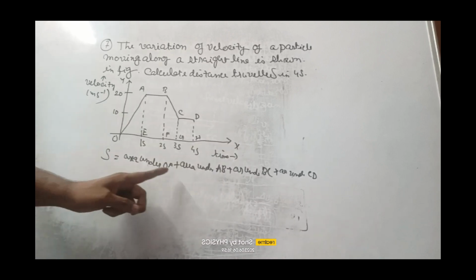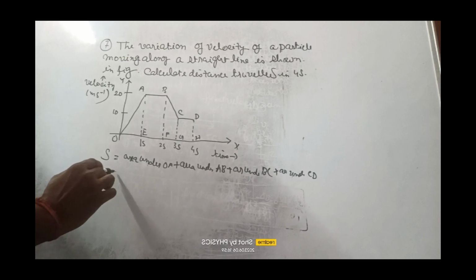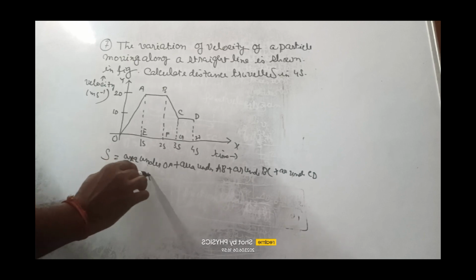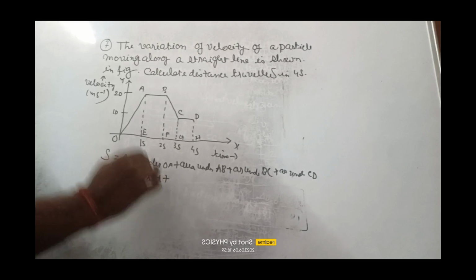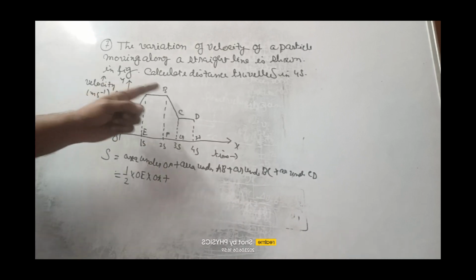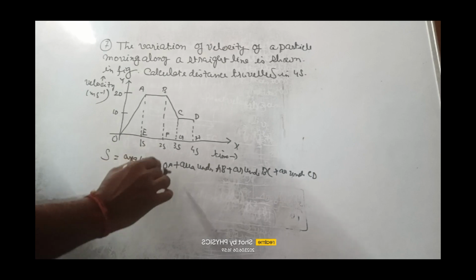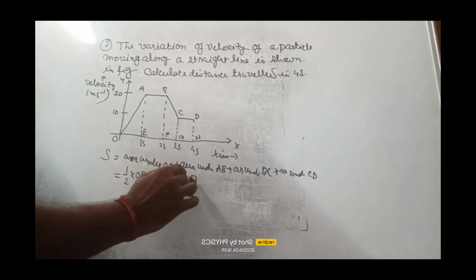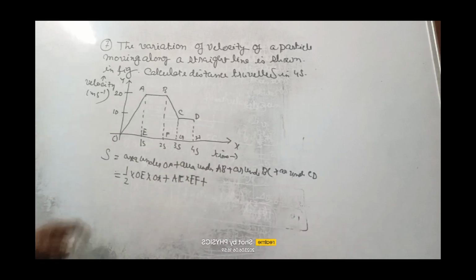Now the area under OA is a right angle triangle, so half into base into height. Now plus area under AB is a rectangle, that is AE into EF, plus area under BC is a trapezium.